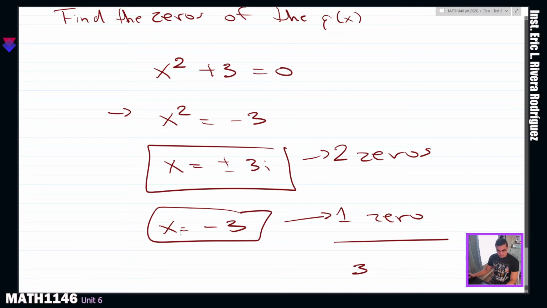A long explanation of all the process. Now I'm going to do more examples where I'm not going to go deeper into the explanation.